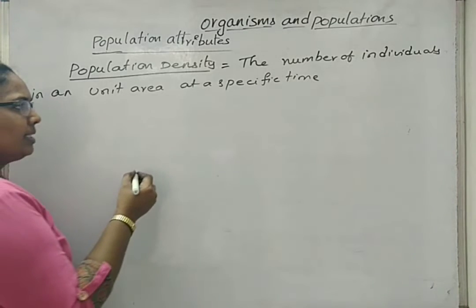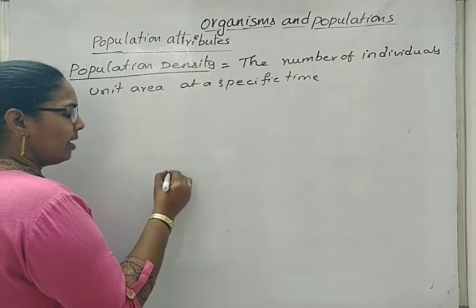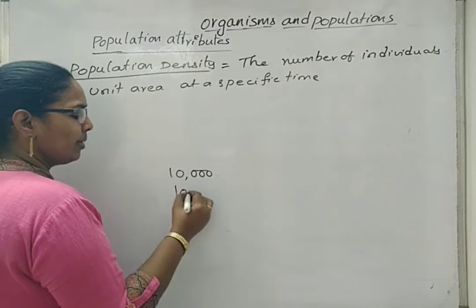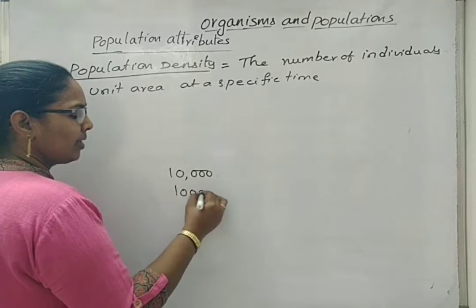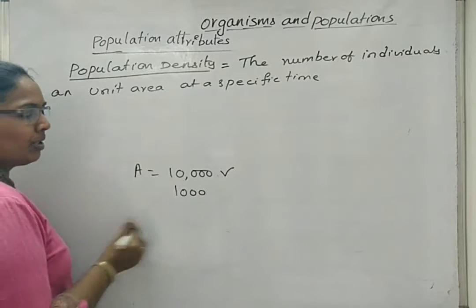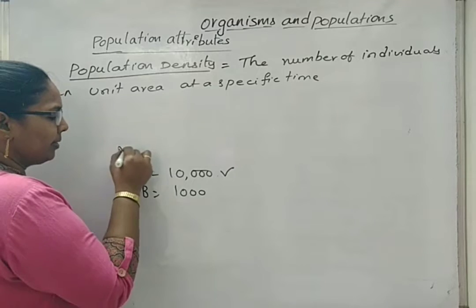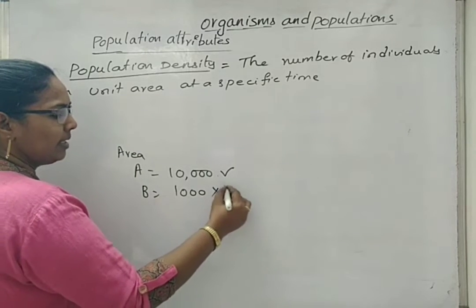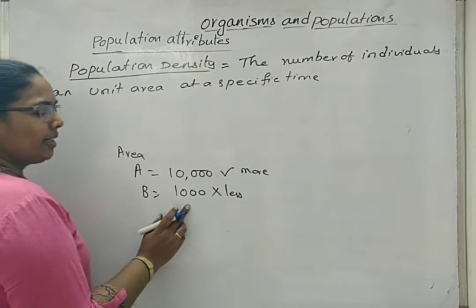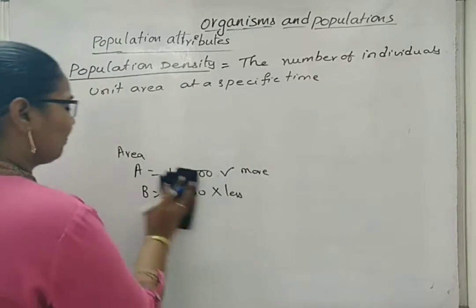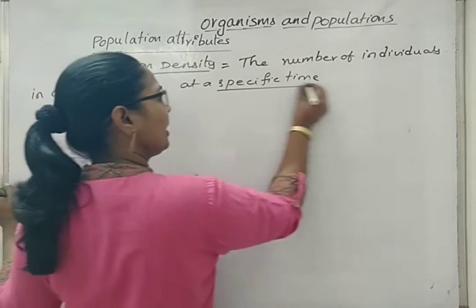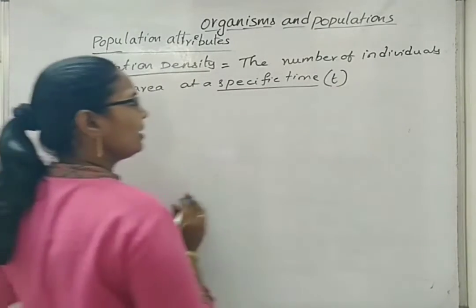If in some area the number of hen are 10,000, and in another area the number of hen are only 1,000, we say in area A the population density is more compared to area B. It is less, it is more. More population density, less population density. At a specific time, which is indicated with the alphabet T.